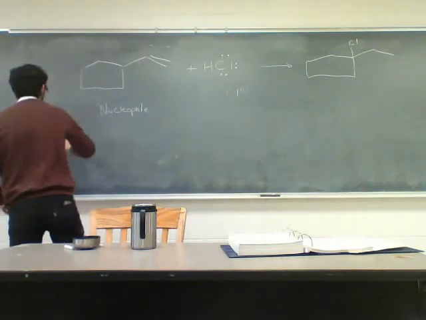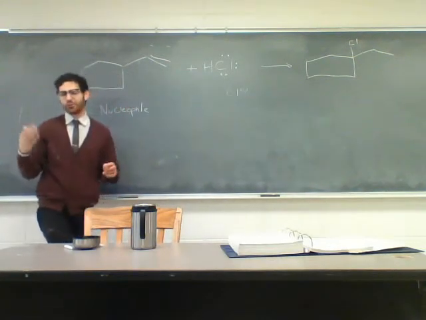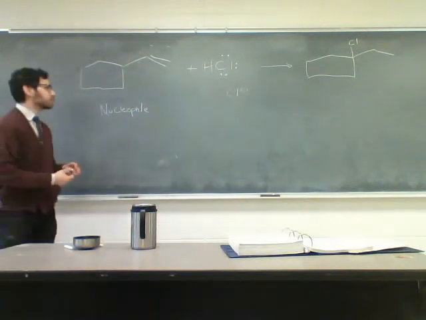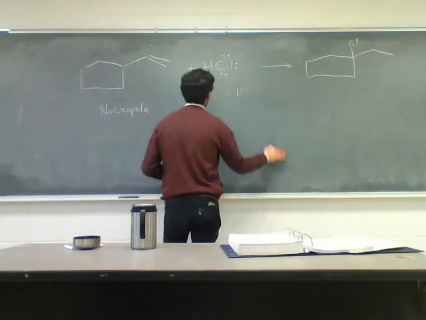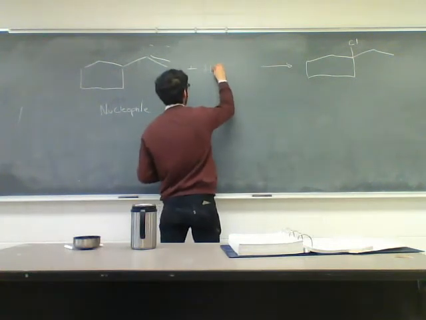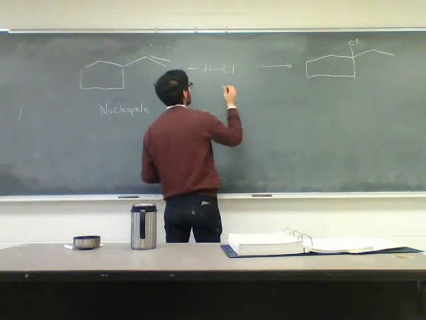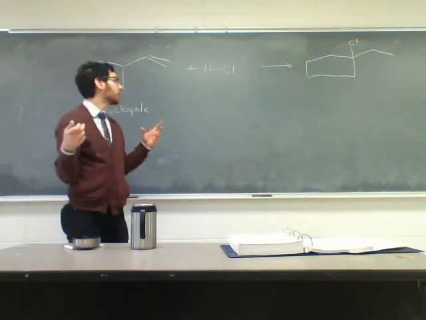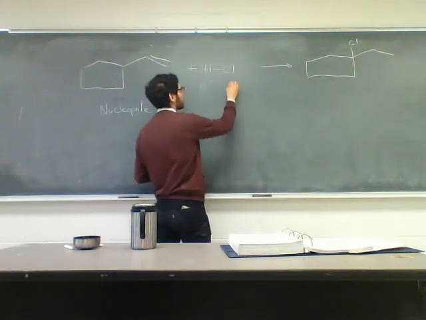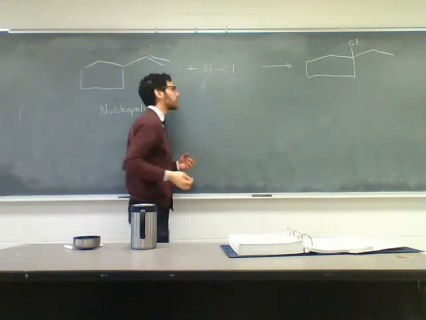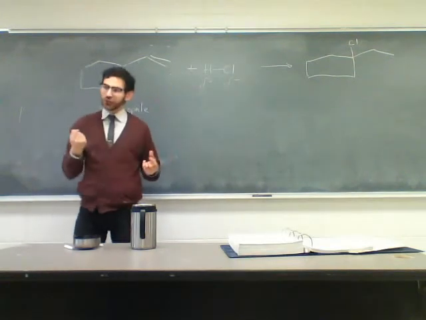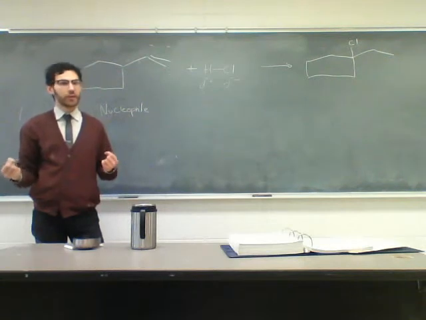So our double bond, though, double bonds are very good examples of nucleophiles. And what we can look at in the HCl, I'm going to write it a little differently. I'm going to show them bonded. HCl, we have an abundance of partial positive charge on the hydrogen. And that's because chlorine is really electronegative. So it pulls electrons towards it when it's in a covalent bond.